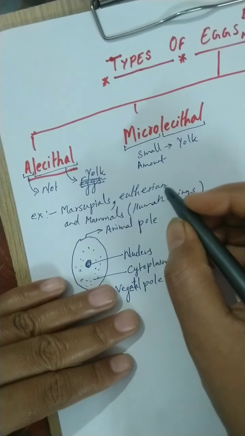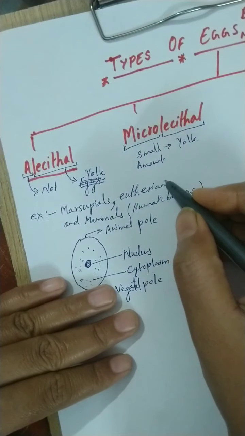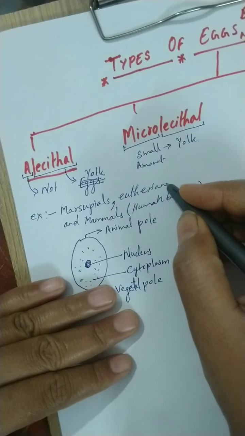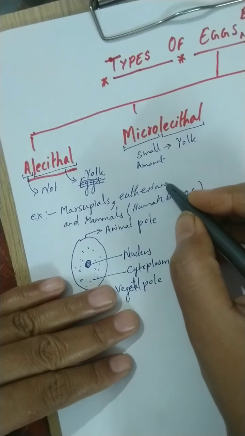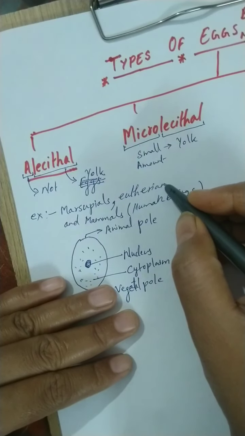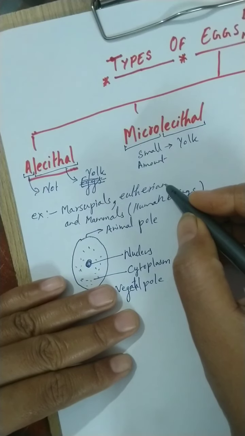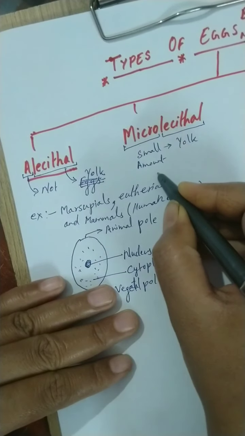These are small sized eggs which contain a very small amount of yolk. Such microlecithal eggs are found in certain marine invertebrates such as hydra and sea urchin, and in various chordates such as amphioxus.